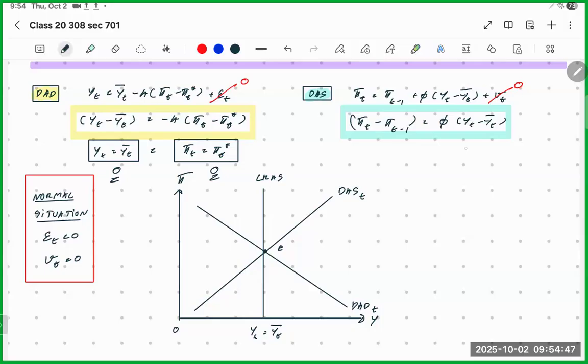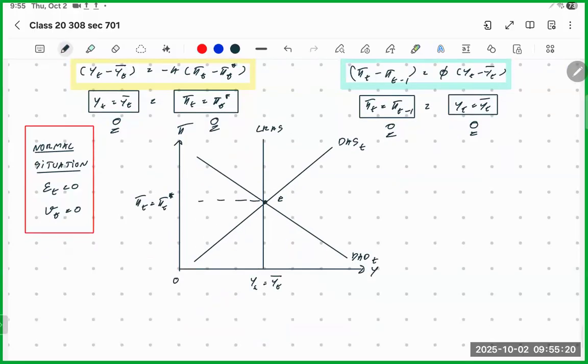In the DAS equation, if YT equals YT bar, the right-hand side equals 0, so the left-hand side is supposed to be 0 too. Inflation today is going to be equal to inflation yesterday, stable. Which means at the equilibrium point, YT equals YT bar, and inflation also equals the inflation target.